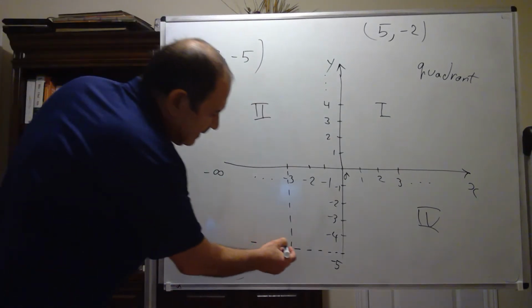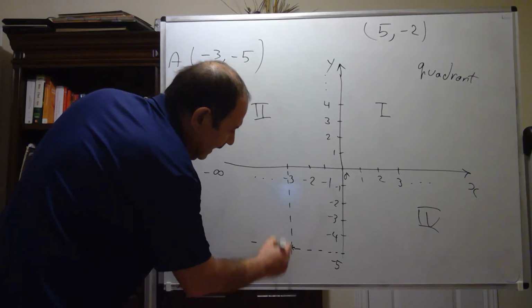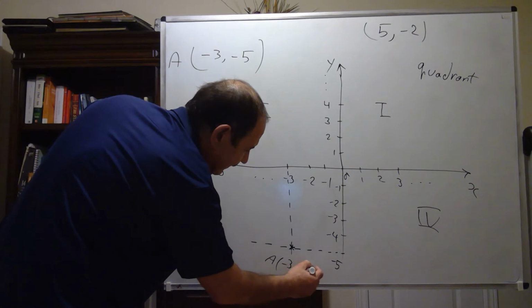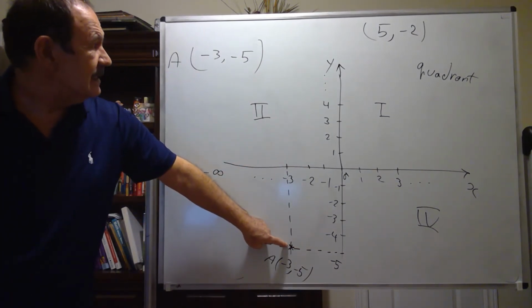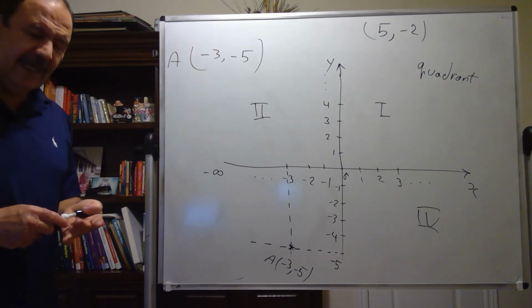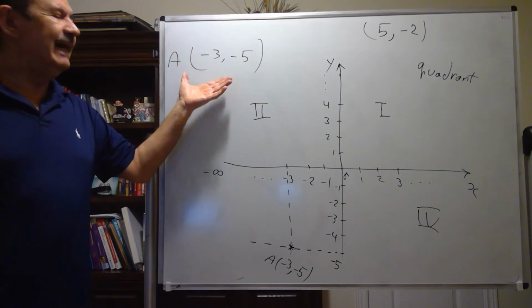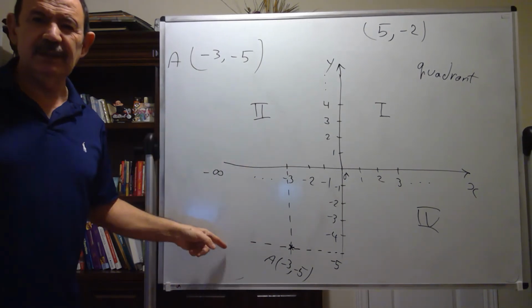The intersection of these two dotted lines, which is here, is the location of the point A, with x coordinate -3 and y coordinate -5. We call it graphing the point, or finding the location of the point.